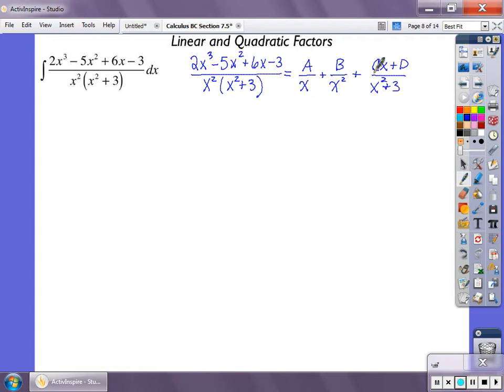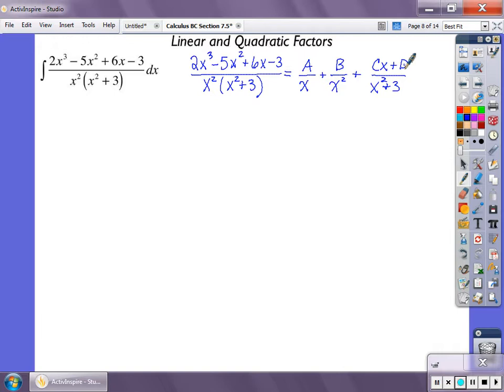If the next letters in the alphabet happened to be g and h, you do gx plus h. I might have gotten my alphabet wrong here. In any case, if it's quadratic, you're going to go a constant times x plus another constant, whatever's coming first in the alphabet.